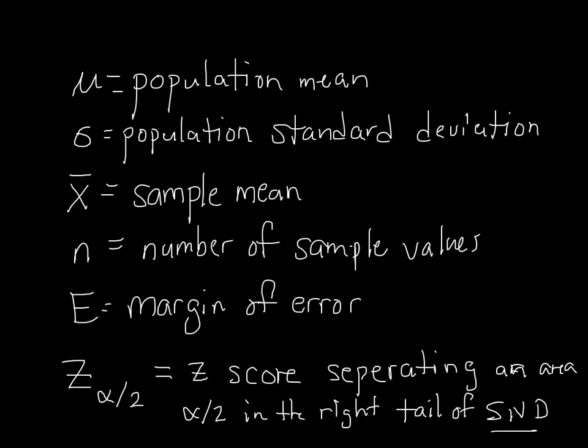So z sub alpha divided by 2, that's a critical value. It's the z-score that separates an area, alpha divided by 2, in the right tail of the standard normal distribution. And as we start to apply it and look at it, I think that'll make more sense than just trying to read it here.